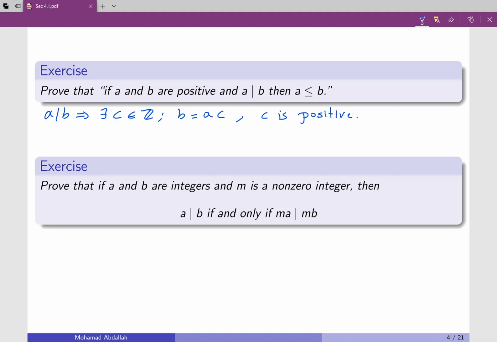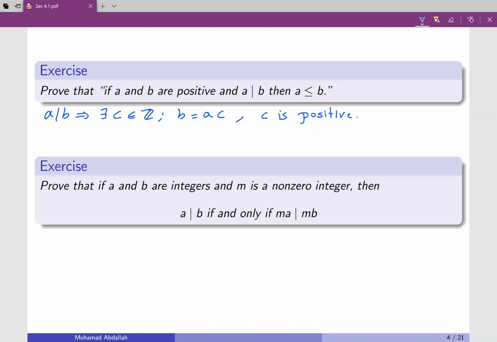If c is equal to b, that's the largest value, then a is going to be equal to 1, and in that case it's less than or equal to b. And the worst case scenario is if c is equal to just 1, then a is going to be equal to b. So this is going to imply that a is smaller than or equal to b.